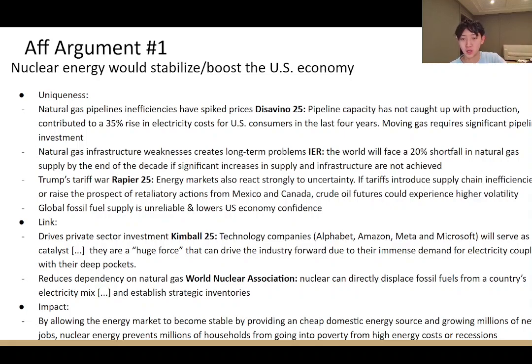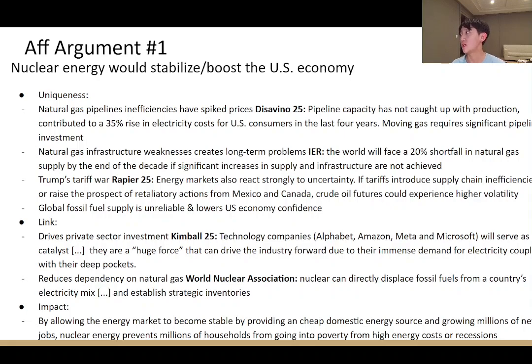And through those, the pipelines are the way that they send the gas to these private industries, right? So right now, natural gas pipelines are really inefficient, right? Because according to Disavino 25, pipeline capacity has not caught up with production, contributing to a 35% rise in electricity costs for US consumers in the last 4 years.